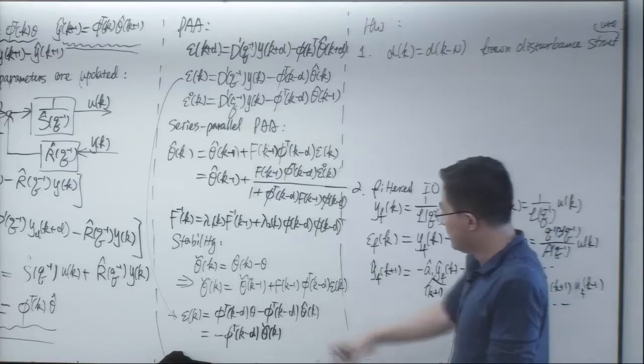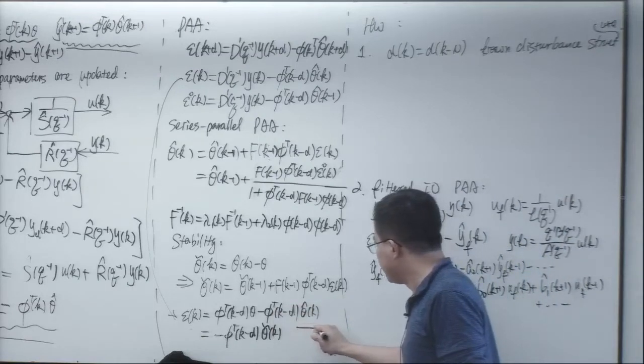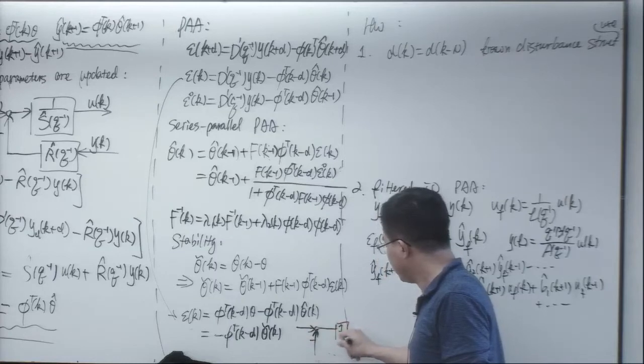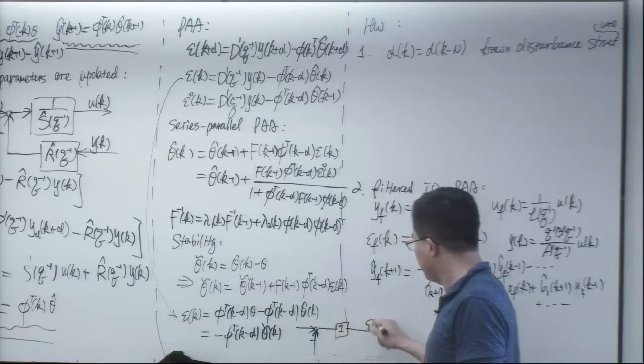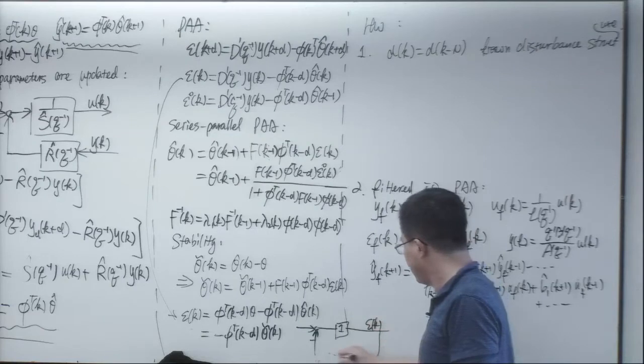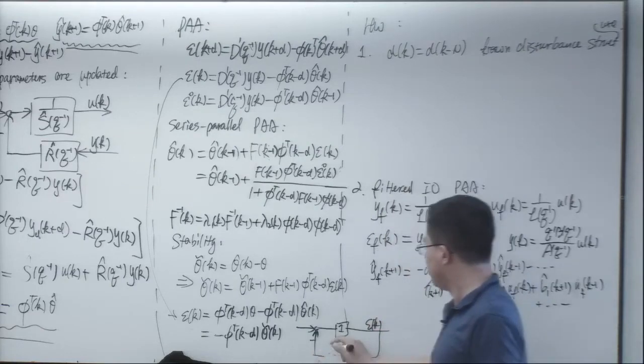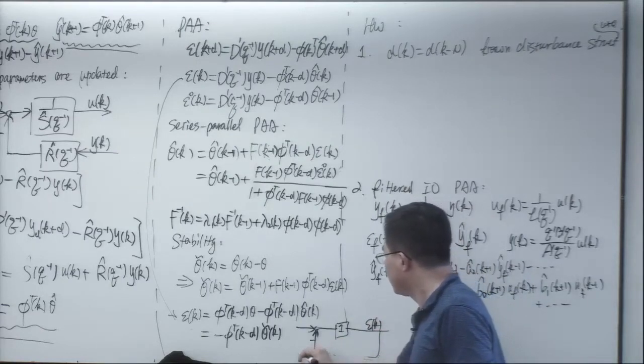All right? So this gives us the equivalent block diagram. Epsilon k and then phi theta tilde.